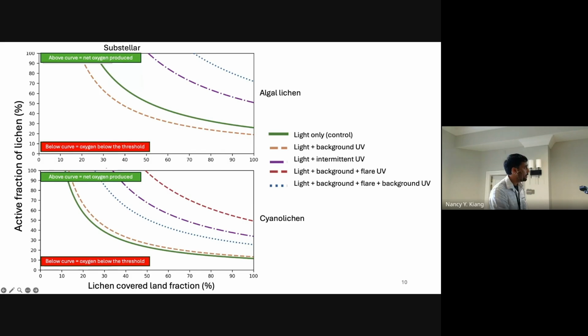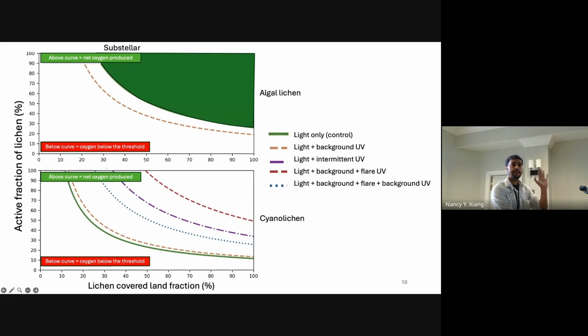The green solid line here is the control, and above that line means they are oxygenated, they have crossed the threshold of O2 sinks to produce net oxygenation. Below that line, they can't be oxygenating the biosphere or planet.